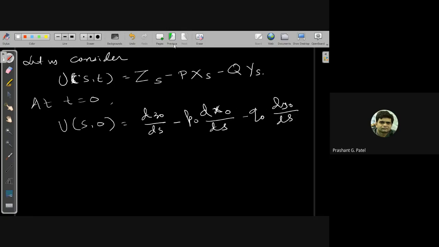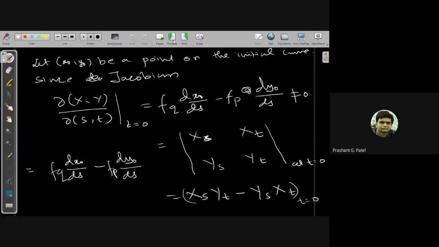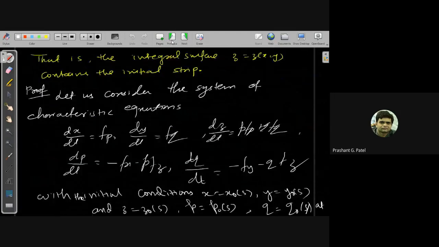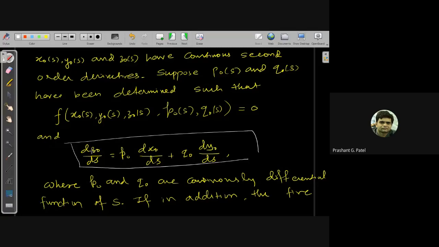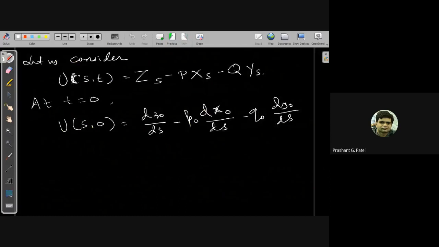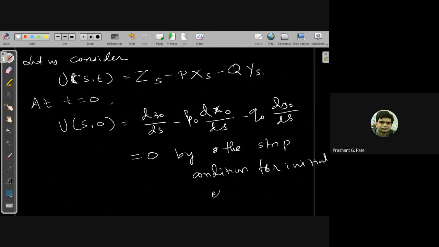You should note that using the strip condition for the initial element, this quantity is equal to 0.